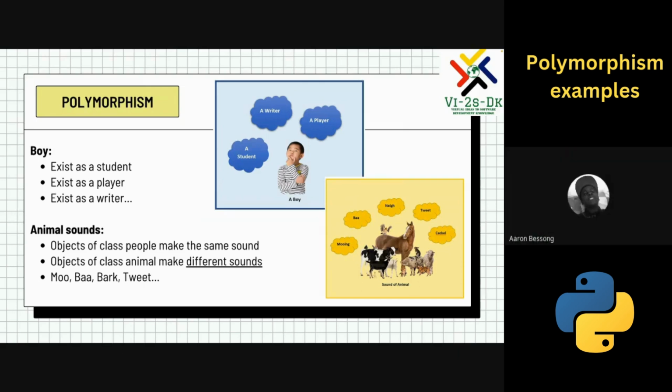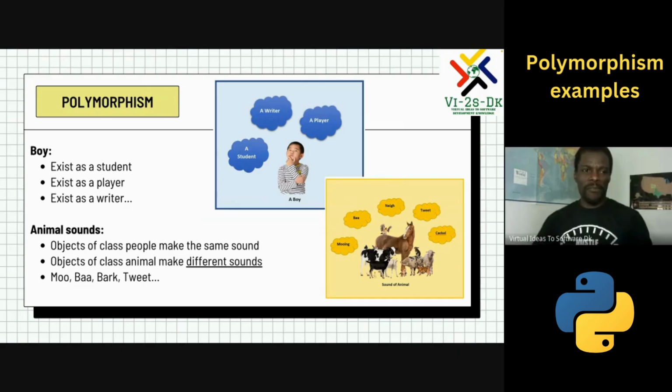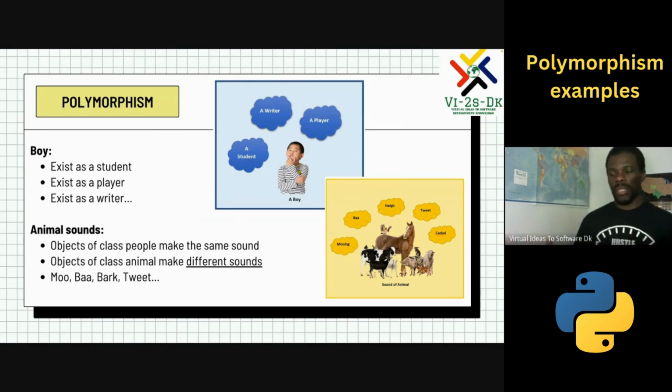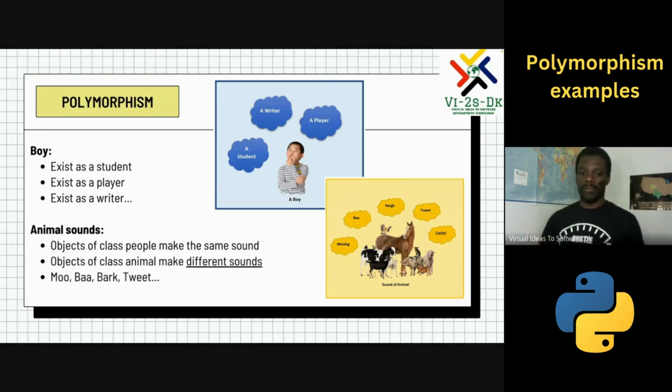Can you go over that one more time, please? Yep. For polymorphism, put it this way: it is the ability for a particular entity to exist in many forms, right? So you can make changes. For instance, in a real world example, the boy can be a student, a player, a writer. So the boy can exist in different ways in different situations.